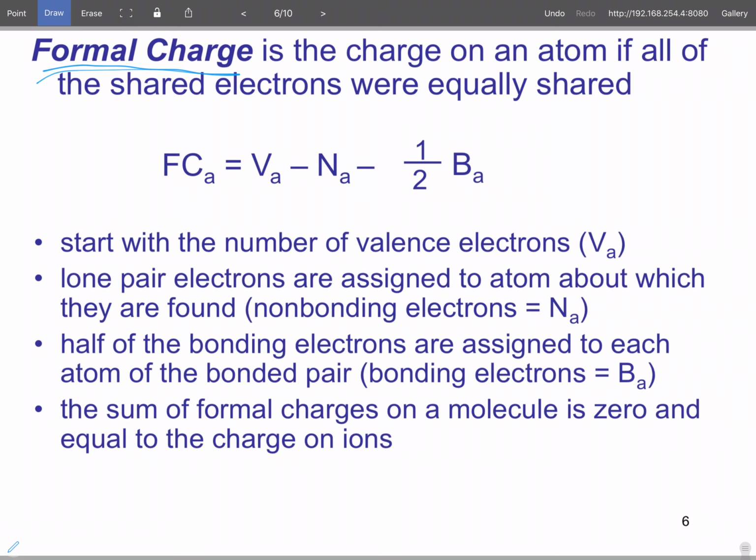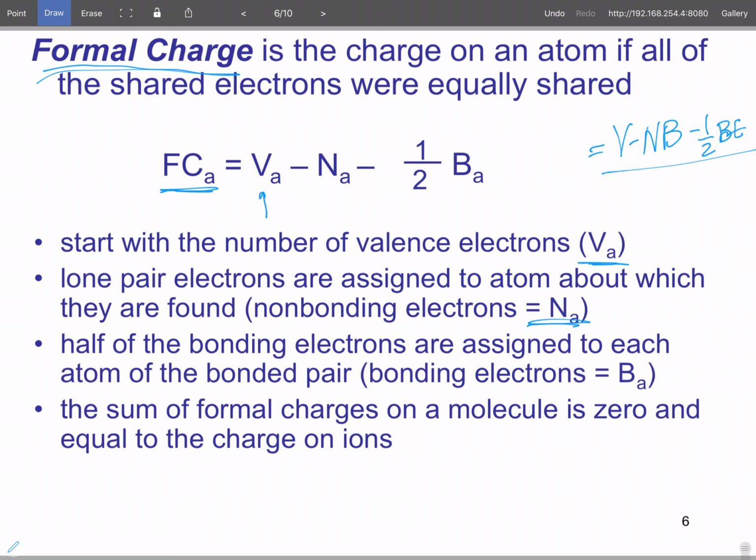So what formal charge is you start with the valence electrons, which is Va. Then you're going to find the non-bonding electrons. And so sometimes you'll see V minus non-bonding. And then you're going to get half of the bonding electrons. So I tend to use this formula on the grounds that NB works better for me than NA, but that's okay.